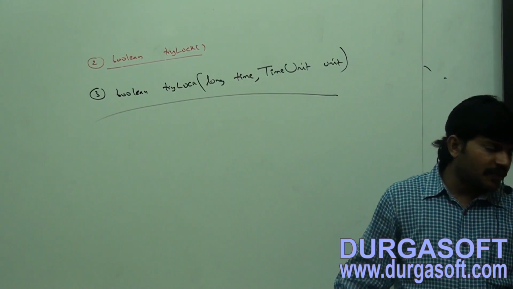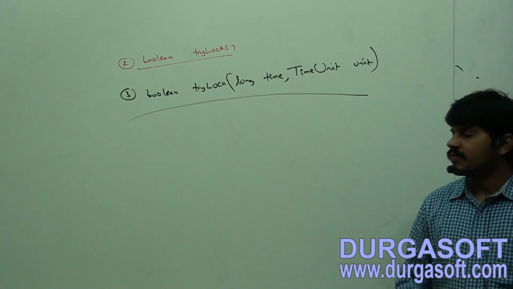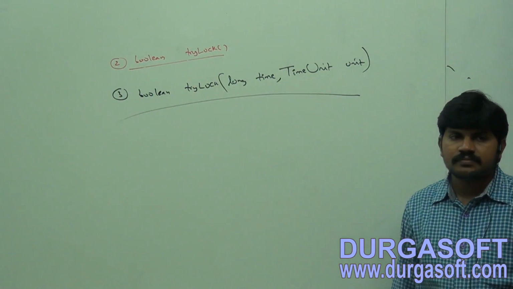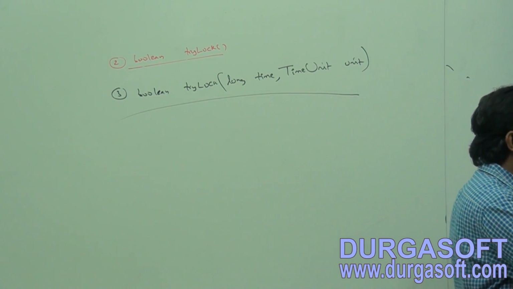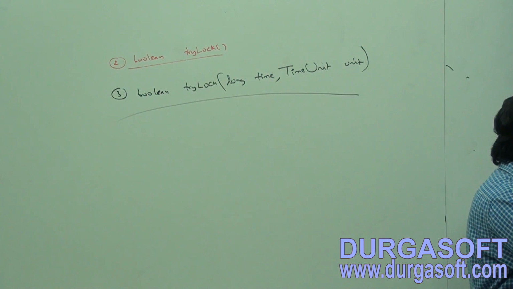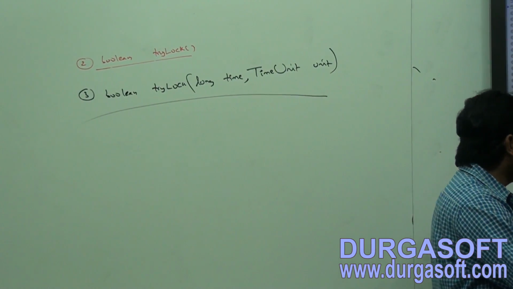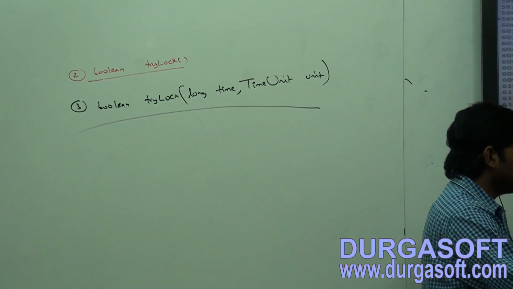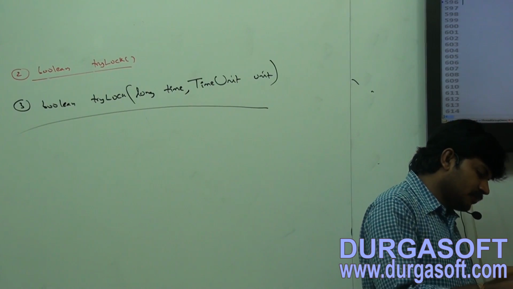If the lock is available, then the thread will get the lock and continue its execution.